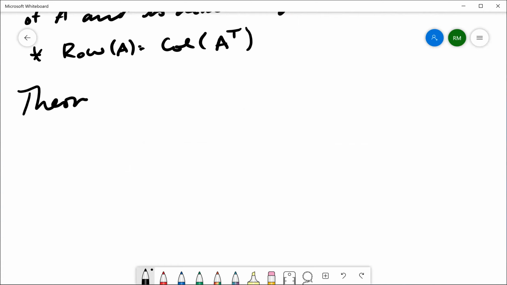So here's a theorem that you're going to find useful.